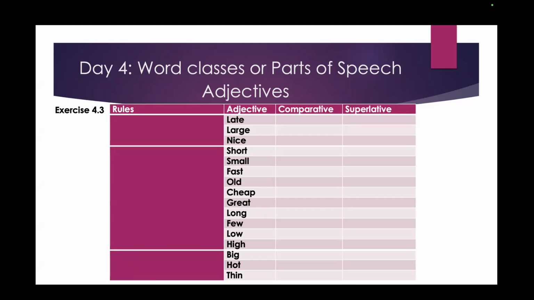So let's see some examples. So these are different adjectives that are one syllable and that end in E. So late, large, nice. And we want to convert these into comparatives and superlatives.